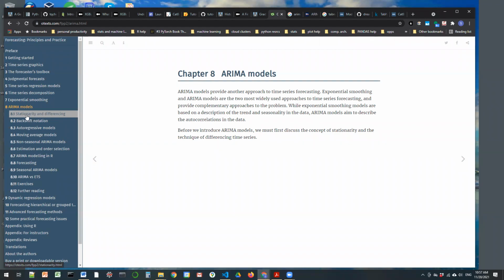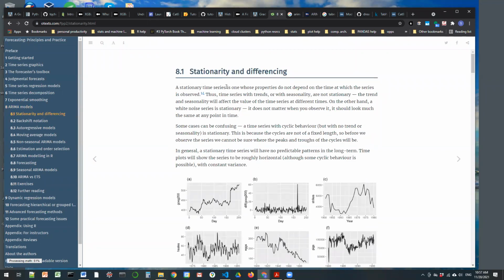There is this concept additionally that we'll probably need to get familiar with. As with many things in machine learning, this is a new term, but it's fairly easy once you get the idea. So there is this concept of stationarity of time series and what it means. My understanding, anybody else feel free to jump in and correct me or point to better references: stationarity basically says that the properties don't depend on the time at which the series is observed.